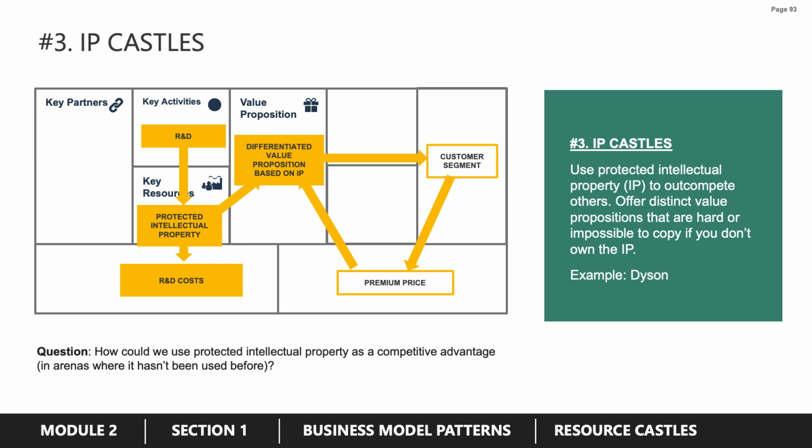So the question here is, how could we use protected intellectual property as a competitive advantage? Where hasn't it been used before? So in other words, if you've got a material, for instance, that you've developed and you use it, say, for an airplane wing, could that material that you have a patent for be used in other industries? That's just one example.